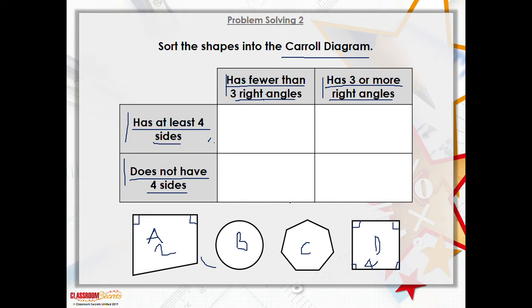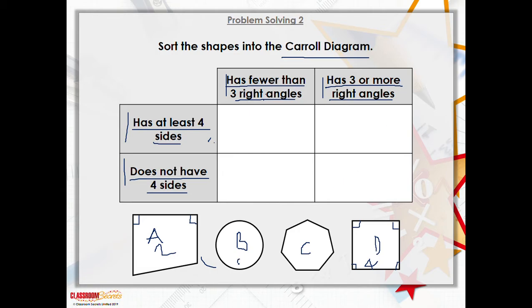Okay, so let's start putting these shapes into the correct categories. Has at least 4 sides. Does not have 4 sides. Well, if we look at B, we know B does not have 4 sides. Now we need to put it into another category. Does it have fewer than 3 right angles, or has it got 3 or more right angles?